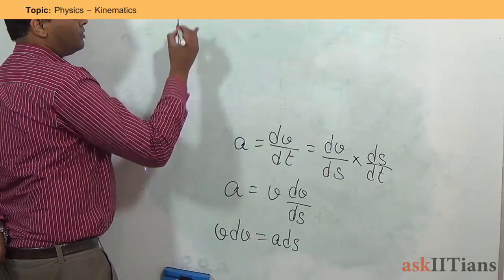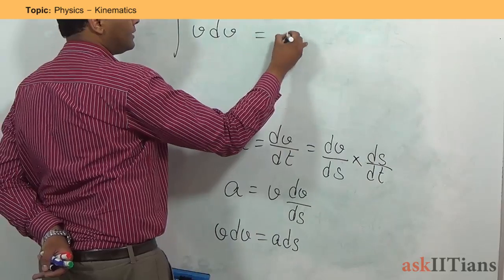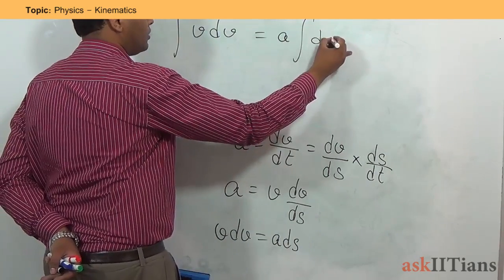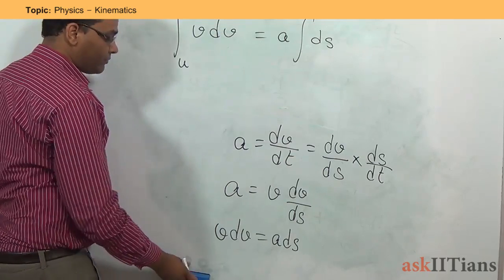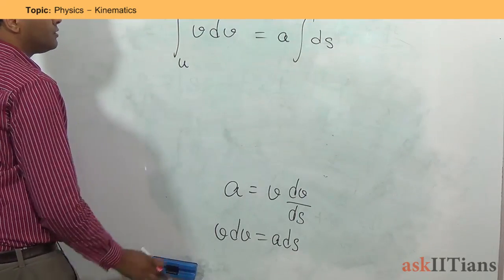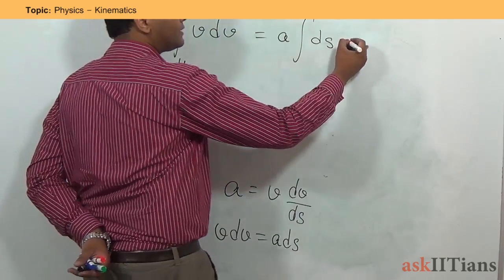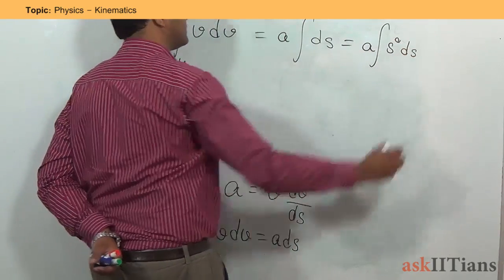If I say this, then I can now put up the integration. So integration of v dv. On the right hand side, it's integration ds. Here I am integrating from initial velocity u to final velocity v. Therefore, here as well I can simply say a into integration of s raised to the power 0 ds.